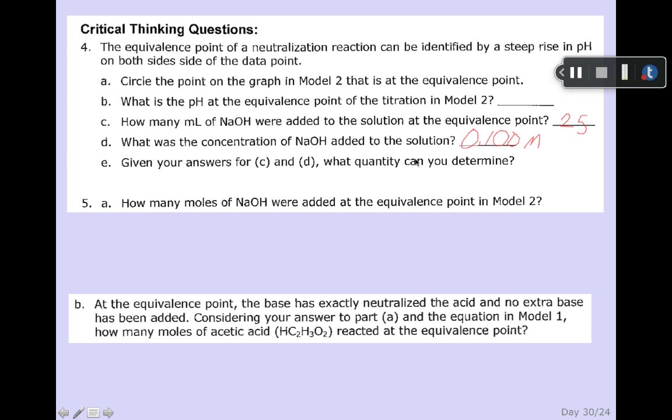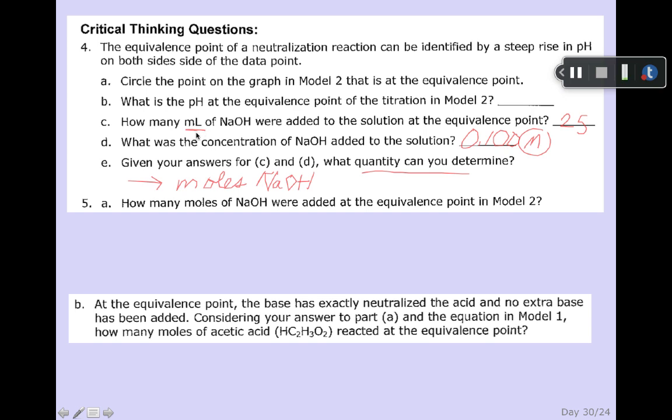And so using those answers, what can you determine? Using molarity and the volume of sodium hydroxide, you can determine the moles of sodium hydroxide that were added to the solution to get to that point in the titration. So the next question asks you to calculate it. So how many moles of sodium hydroxide can be calculated with those values?